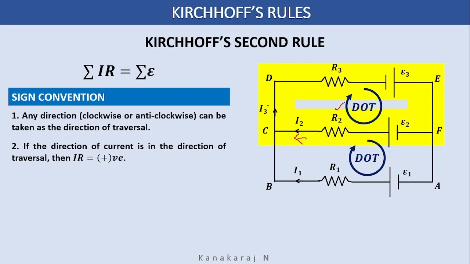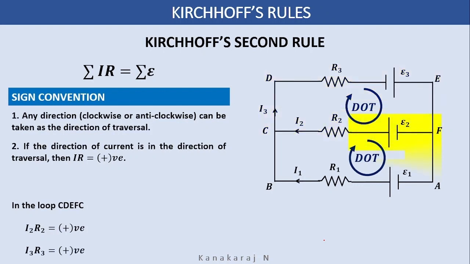Now look at I3. I3 is also in the direction of traversal. It's in the clockwise direction. Therefore, I3R3 is again positive. In the loop CDEFC, I2R2 is positive and I3R3 is positive.